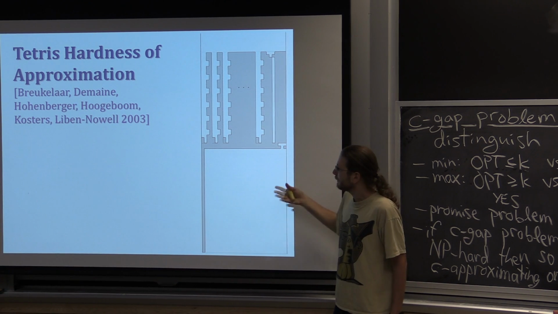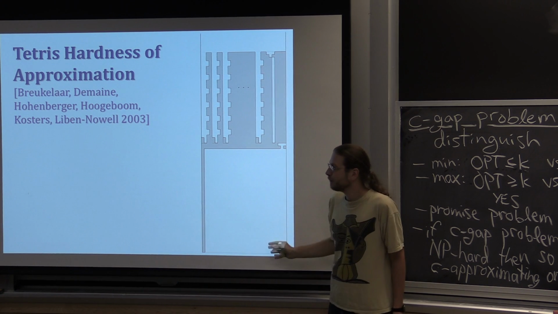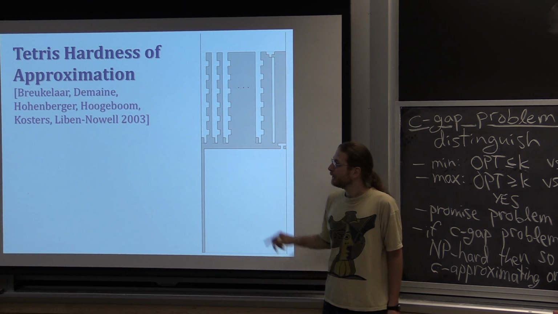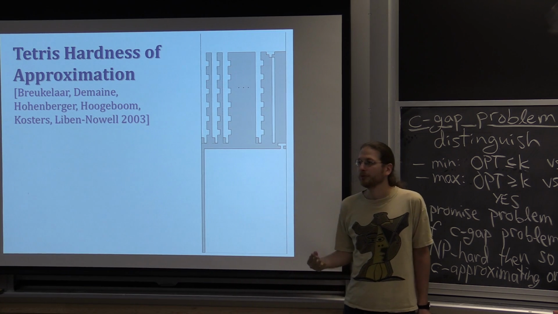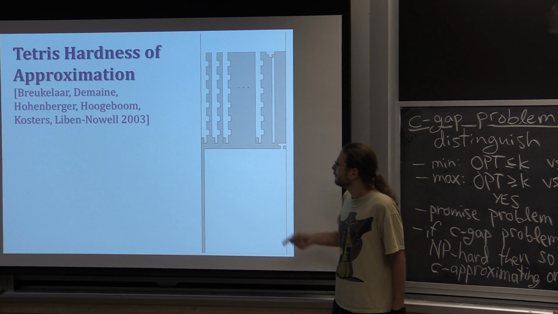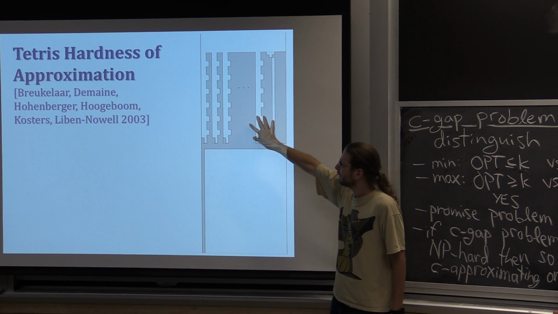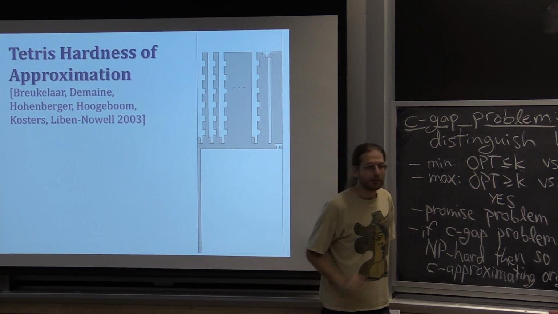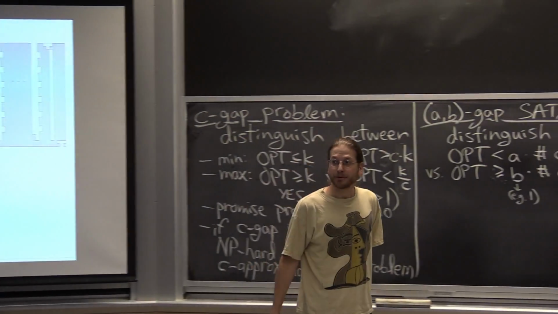You're given a ton of pieces to fill in the space, get lots of points. If the answer was no here, then you won't get those points. And so opt is very small, at most, say, n to the epsilon. If we have a yes instance in the input, then we get like n points. So the gap there is n to the 1 minus epsilon.